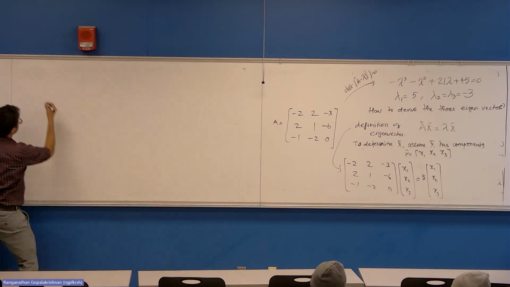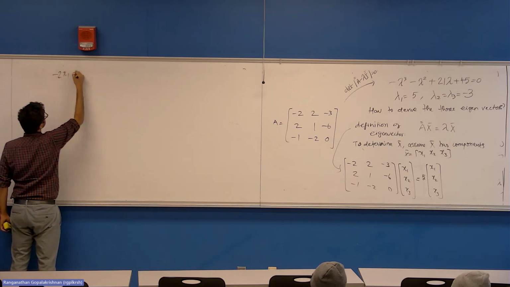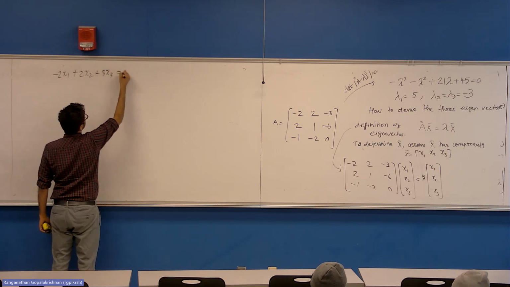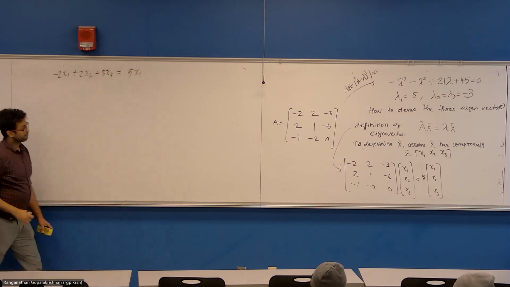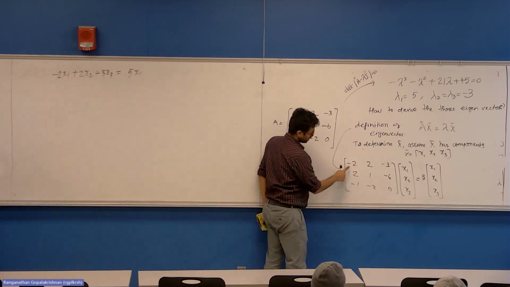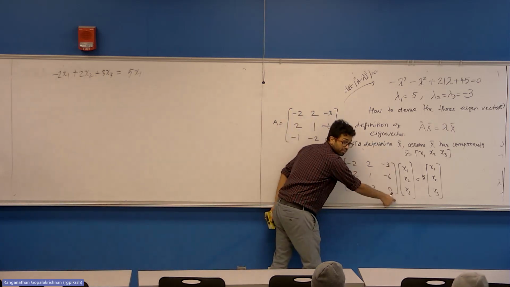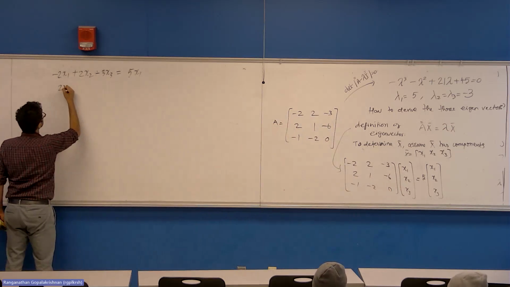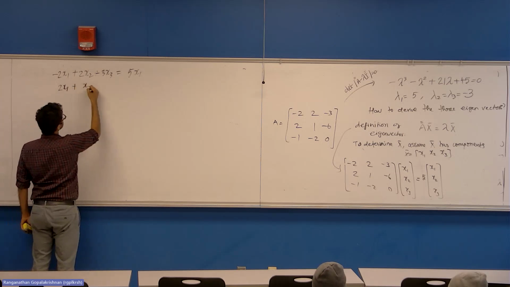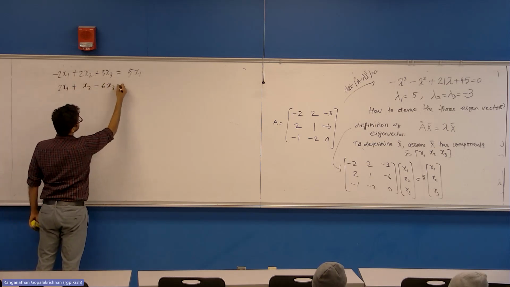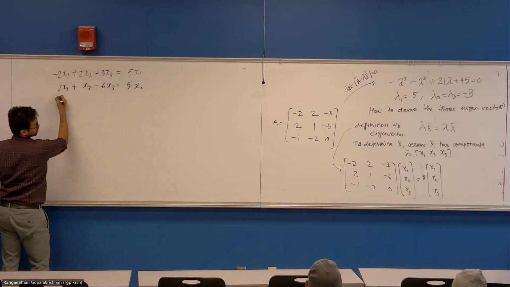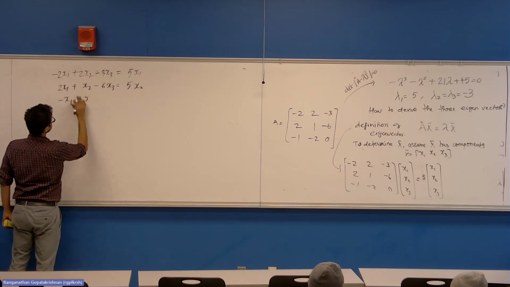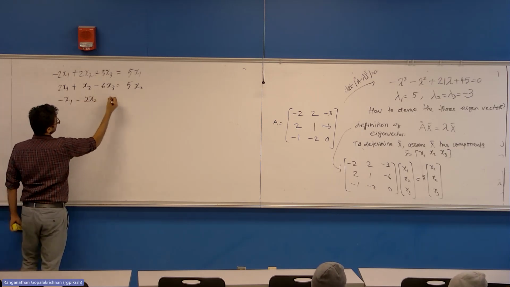So if I expand the right side, it is minus 2x1 plus 2x2 minus 3x3 equal to 5x1. All I'm doing is multiplying the first row with the column vector. If I do the same for the second row, 2x1 plus x2 minus 6x3 equal to 5x2. And the third, minus x1 minus 2x2 equal to 5x3.